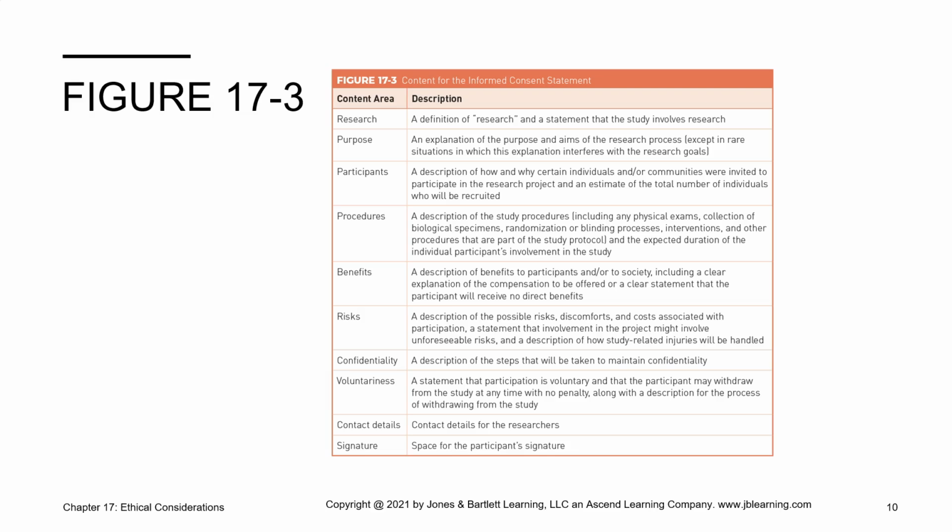And so these content areas include what the research is, the purpose, participants that are included, the procedures, the benefits, the risks, confidentiality concerns and how to avoid them, that the study is voluntary and that they may quit at any time without any penalty, contact details for at least one researcher on the study, and a place where they can sign.